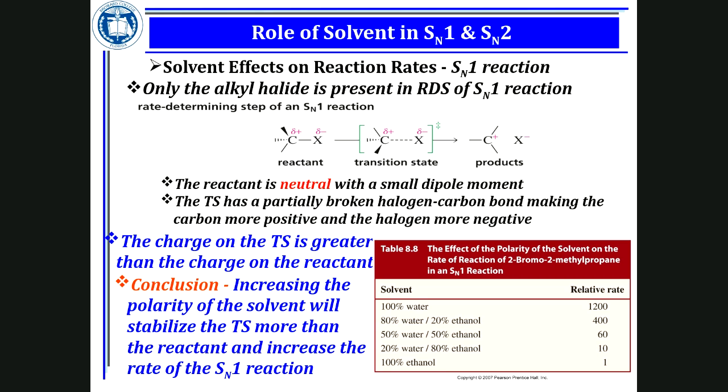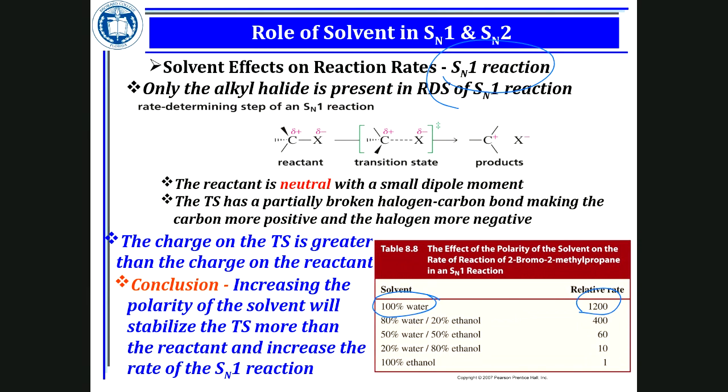We have a table that you can look at also. So for the Sn1 reaction, look at the effect of the solvent. You increase the polarity of the solvent, you get a faster reaction.